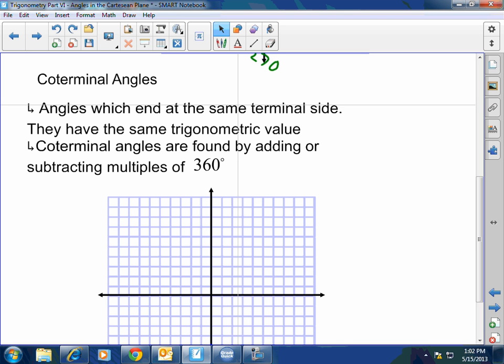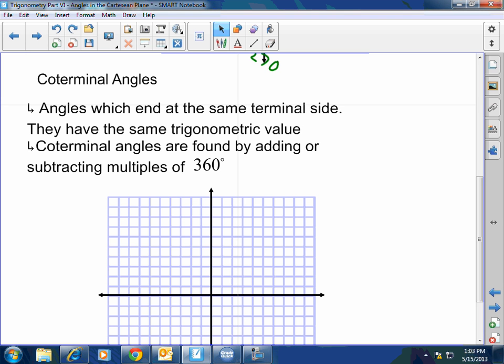So if they end at the same side, they're going to have the same value, which is what we're going to talk about tomorrow. We're going to take baby steps with this. I want to make sure you got this perfectly. So if they end at the same spot, same terminal side, they're going to have the same exact value. I promise you. I swear. Always. There's no exception to that.